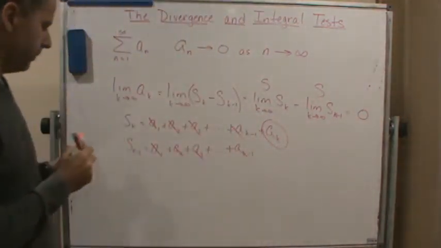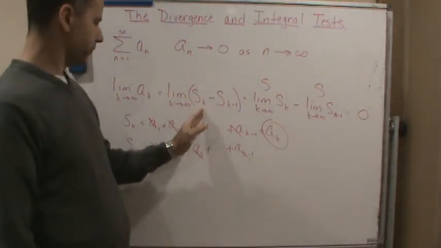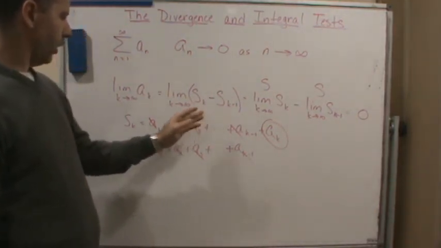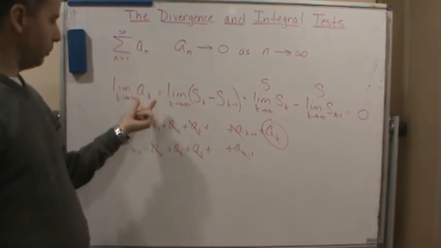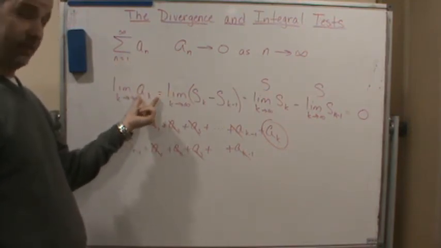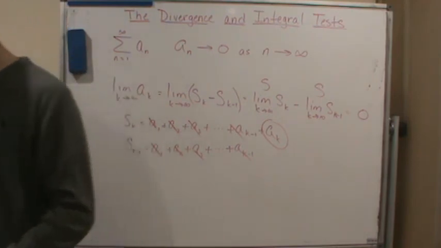So if we're dealing with convergent partial sums, which means that the series is convergent, then we can see that the nth term must approach 0. Now, what does that give us?